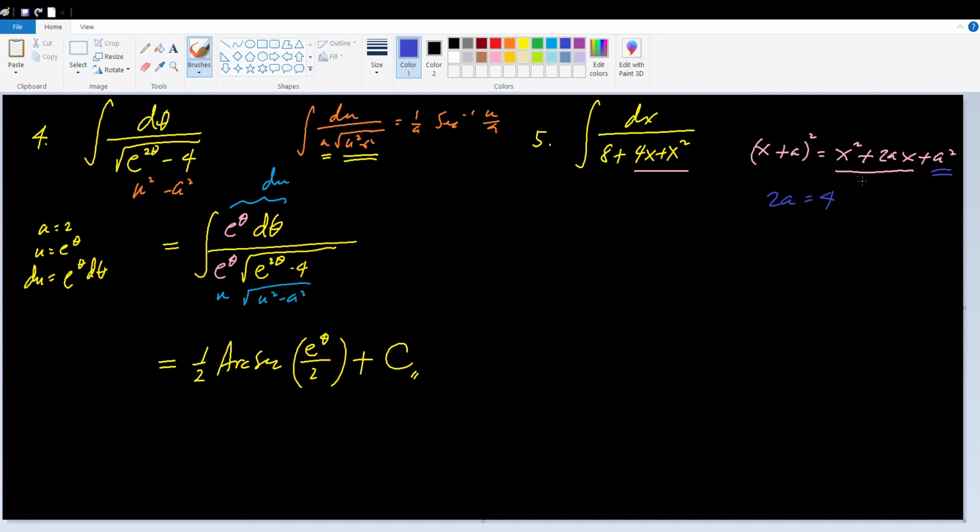The coefficient of x is 2a, and in our problem, it is equal to 4. So this means that a is equal to 4 all over 2 or 2. So the missing term, a squared, the term that we need to add is 4.